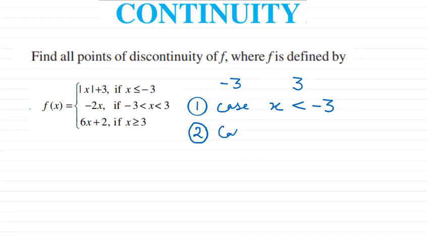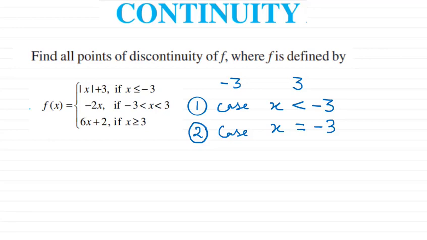The second case will be x equals -3. Why do we take -3? Because at x equals -3 you have two functions, this one and this one, so we have to see both of them.